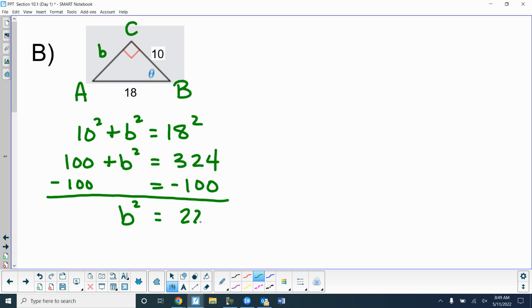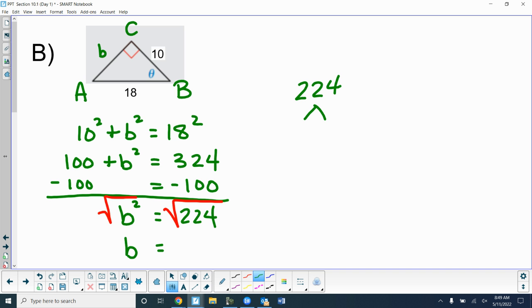Now, 224 is not a perfect square. So we're going to put it in simplest radical form. We're not going to put the decimal, 14.9 or something. When we take the square root, we do our factor tree and put it in simplest radical form.